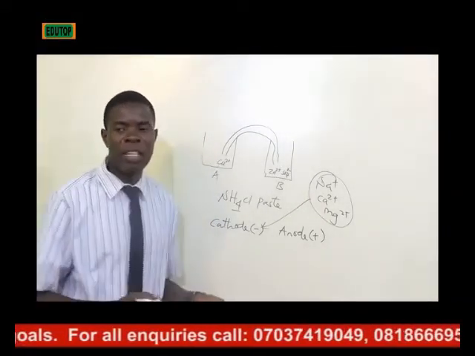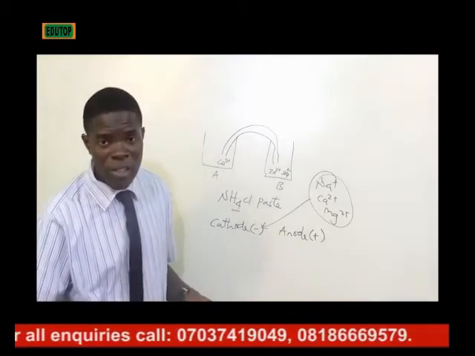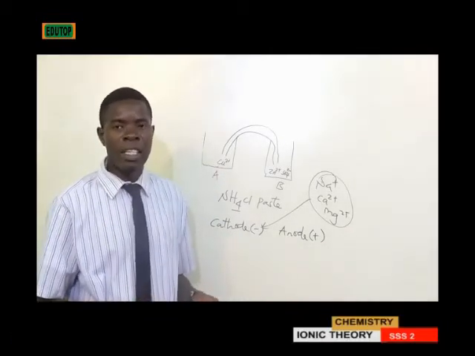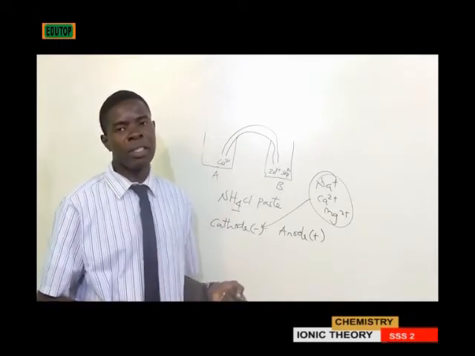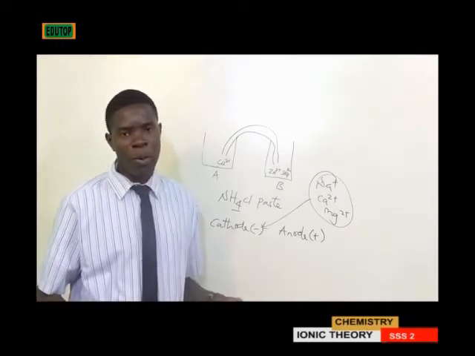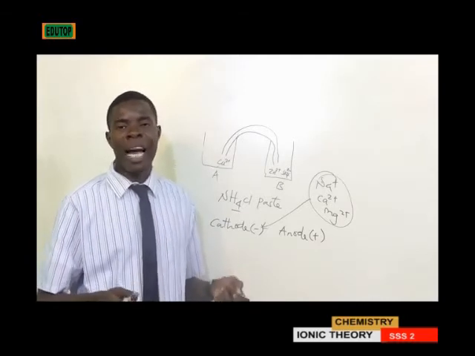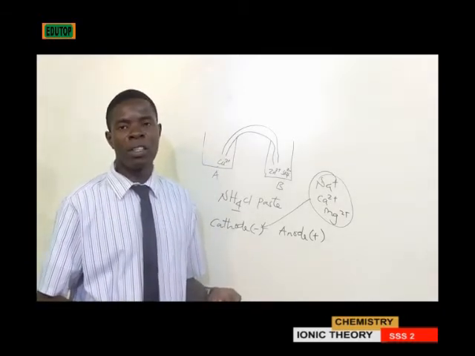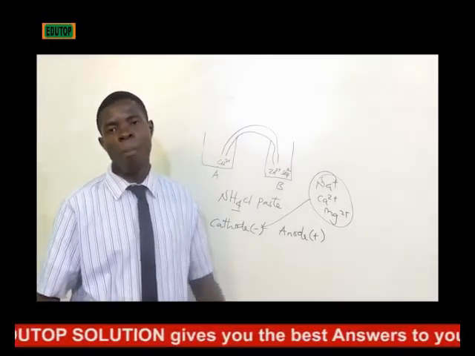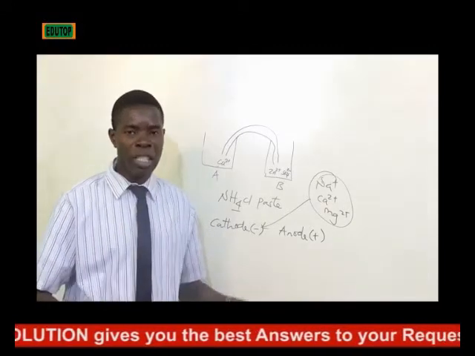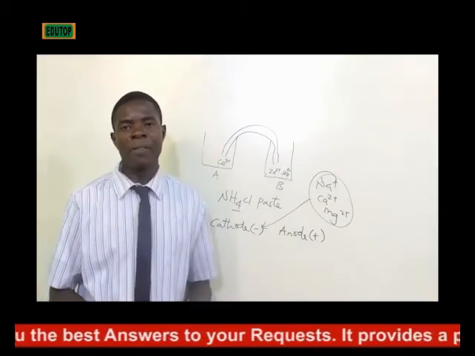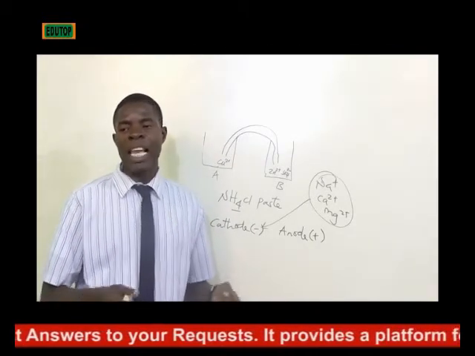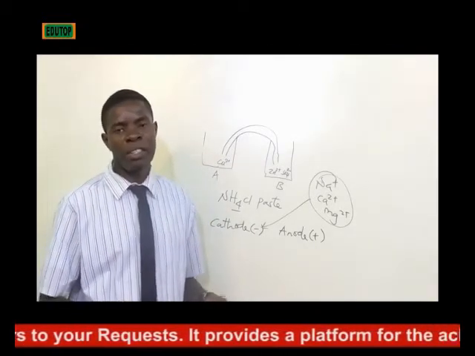Number 4, what is electrolysis? Electrolysis is the chemical decomposition of a compound that is brought about by passing direct current through the solution of the compound or the molten compound. Number 5, differentiate between electrochemical cell and electrolytic cell.